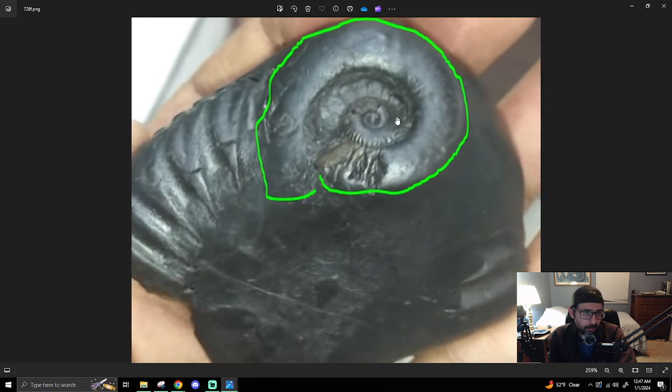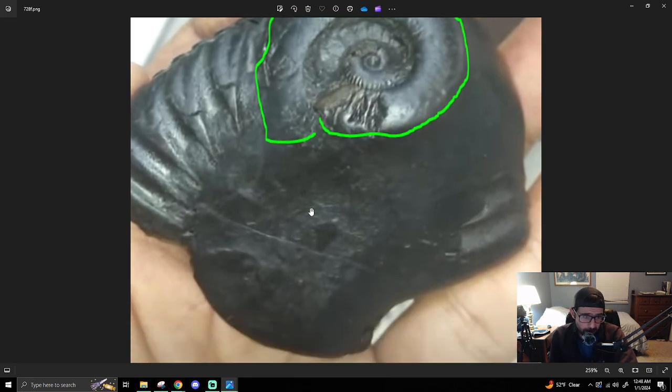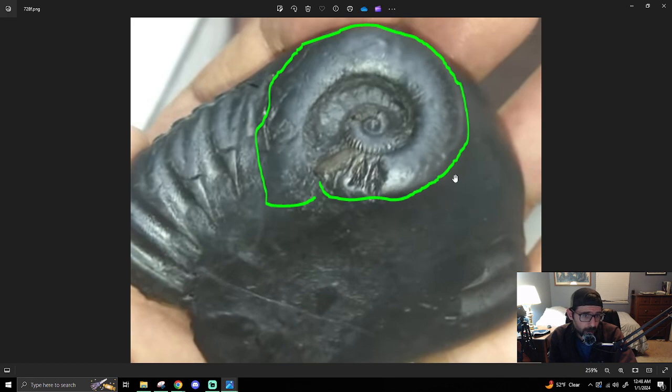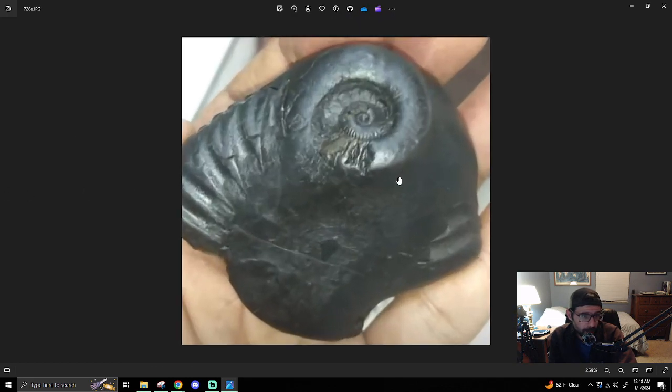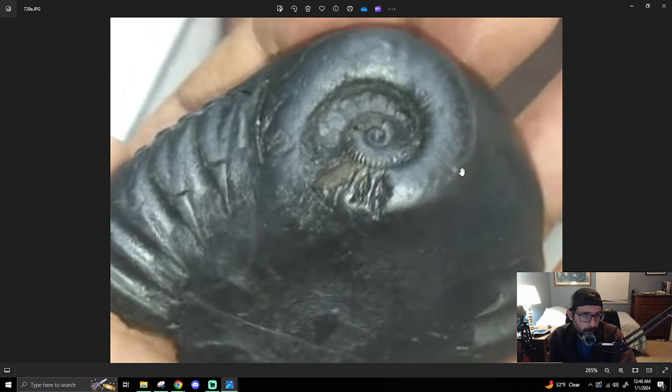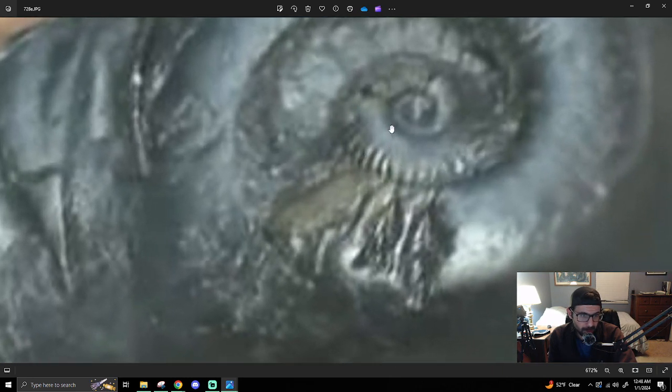I thought the matrix itself, which is visible here, continues unabated pretty much up this way and then wraps around and has an ammonite shape, but the cohesiveness of the ammonite is not the whole. It's one unit over here. I guess it's possible that underneath this shale here is a more ammonite-looking structure.